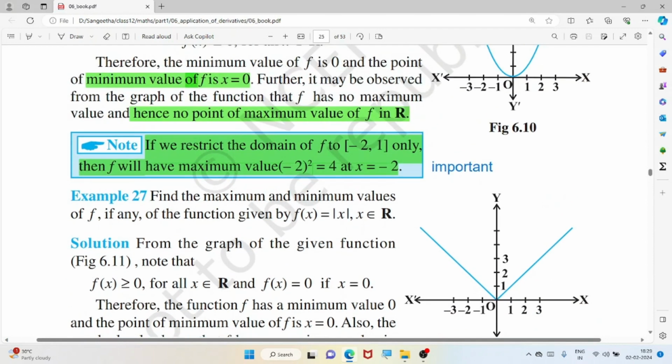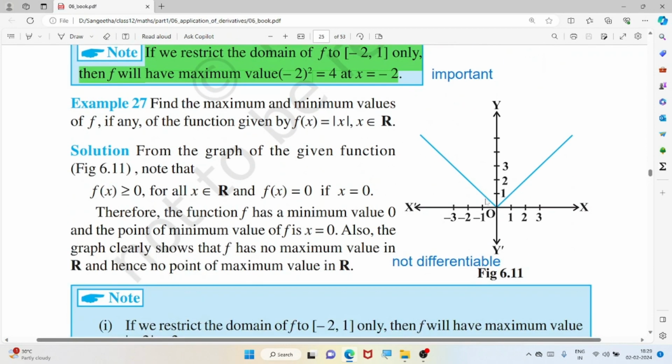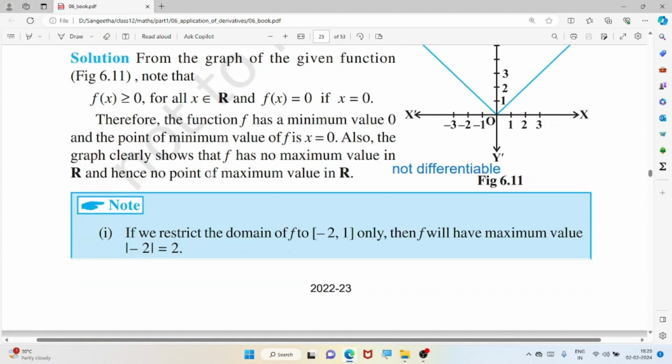So what is the difference between this curve and this curve? Here at 0 it is a smooth turn, that is, differentiable here, but here this is a sharp turn, not differentiable.